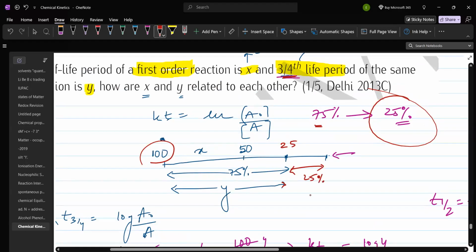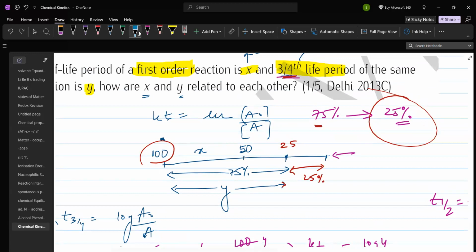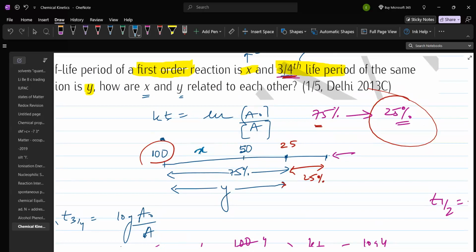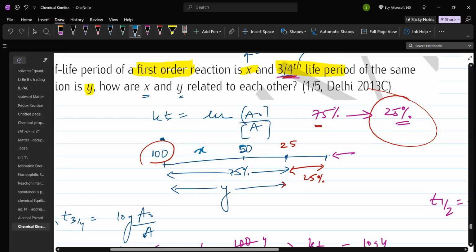Yes, sir. Now I am showing you an alternate way to solve this question, as Zana has done it. So let's see. For t half, half of the reaction is done. Means 100 will become 50, right? 100 will become 50, no problem.